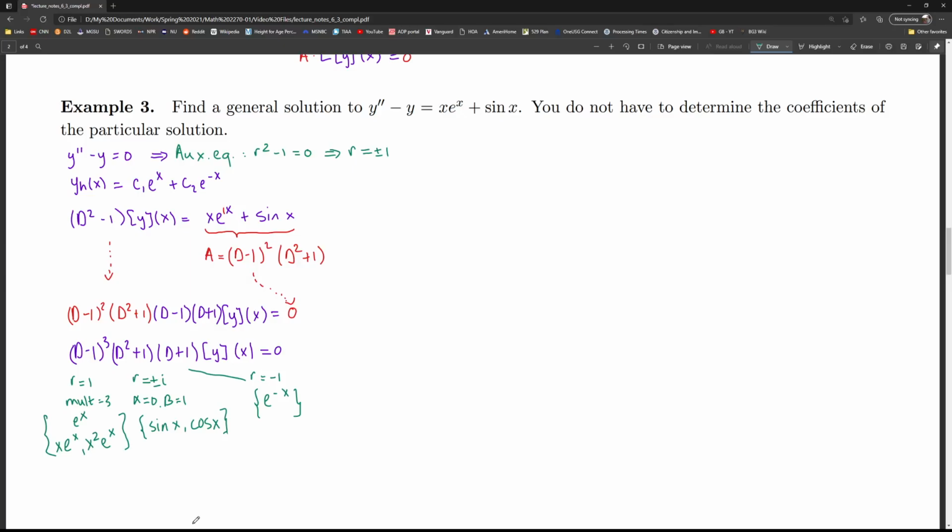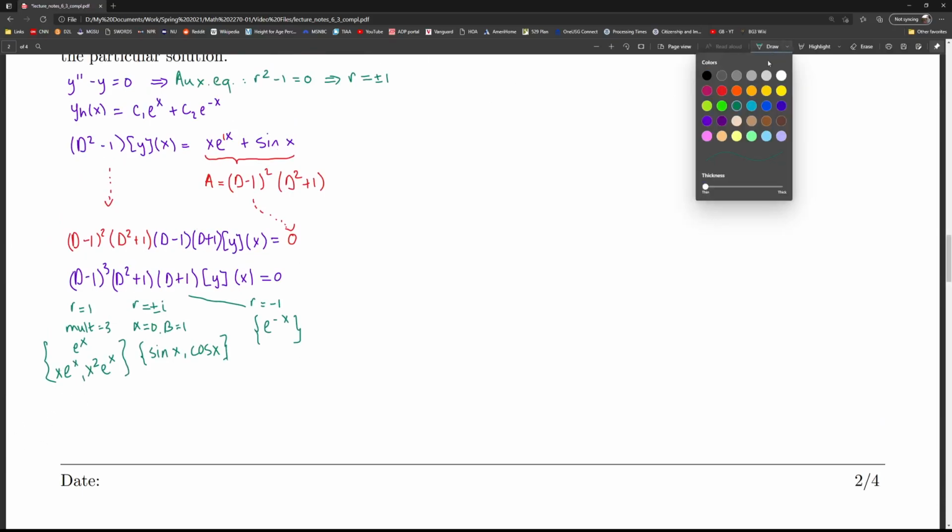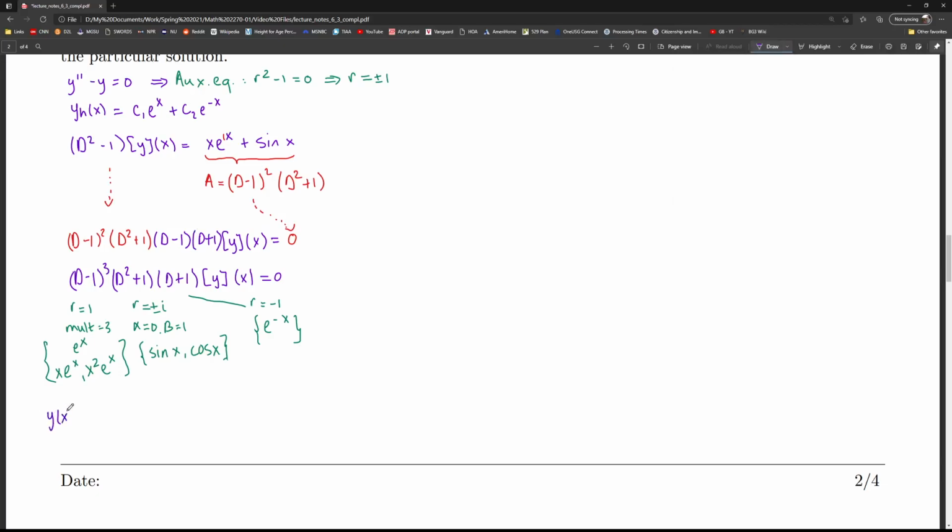And so these are ingredients for our general solution. So our general solution, y of x equals, we already had this part, so we have c1 e to the power x plus c2 e to the power negative x. And so that takes care of this one right here and this one right here.